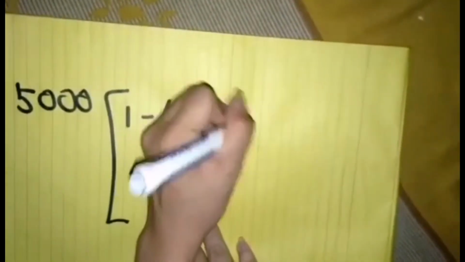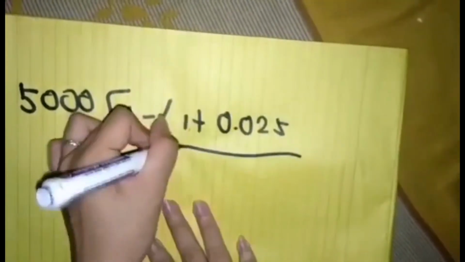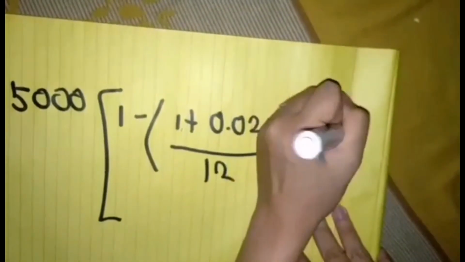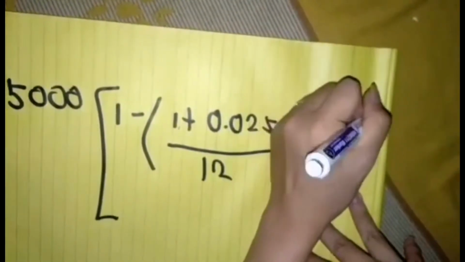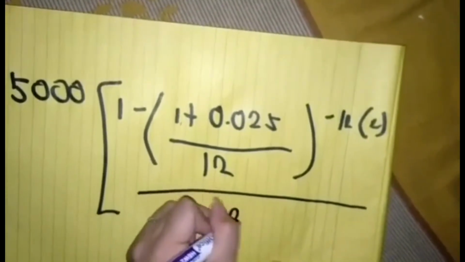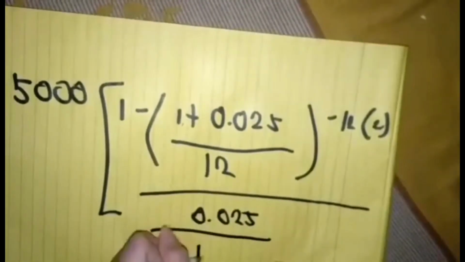5,000 times 1 minus quantity of 1 plus 0.025 over 12 raised to negative 12 times 2, over 0.025 over 12.